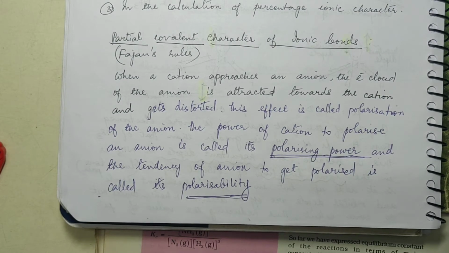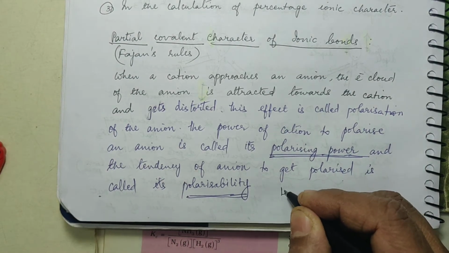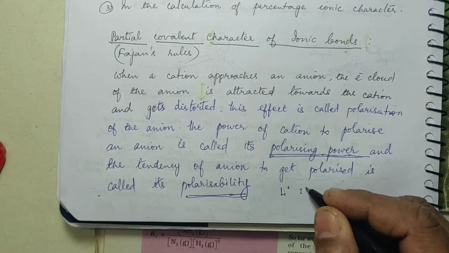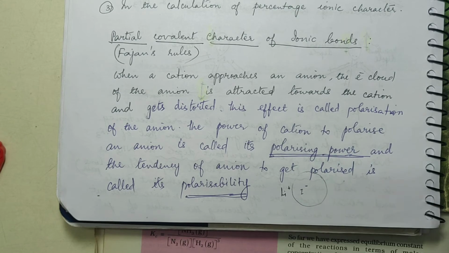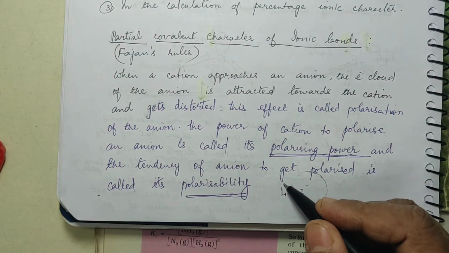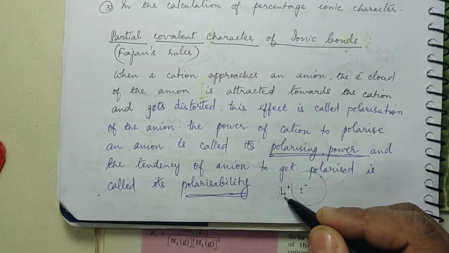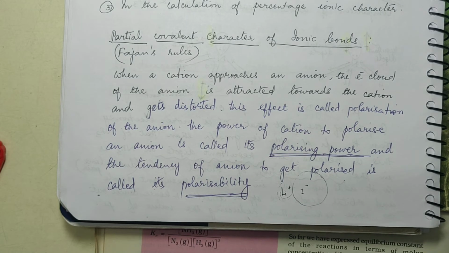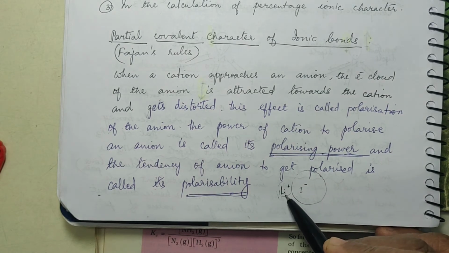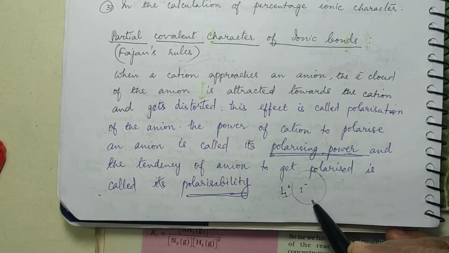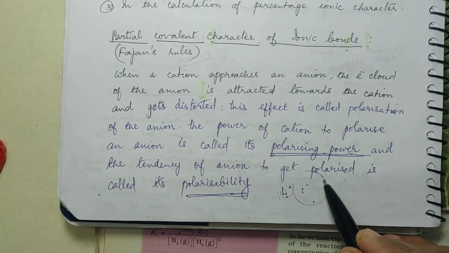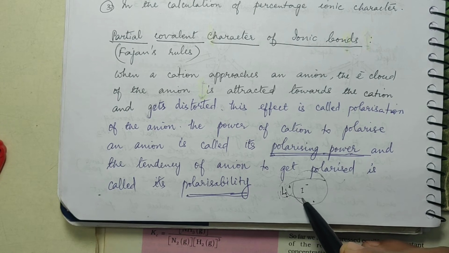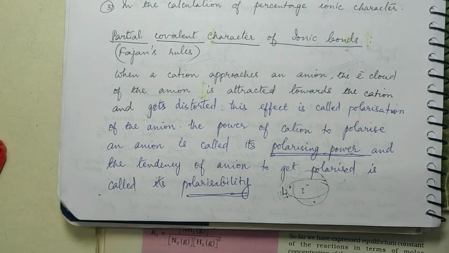Say for example you have Li plus and I minus. I minus is big. The size of I is very big. And that of Li plus is very small. Now what happens? This Li plus polarizes the I minus. With the result, the shape of this I minus gets distorted and it gets converted like this.